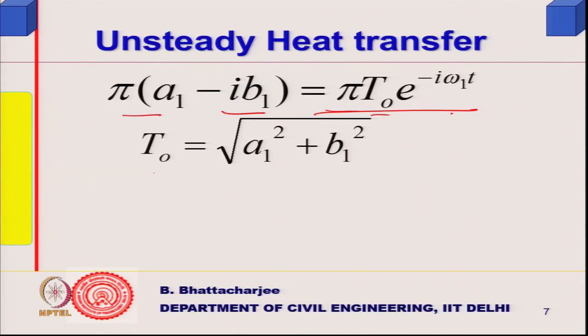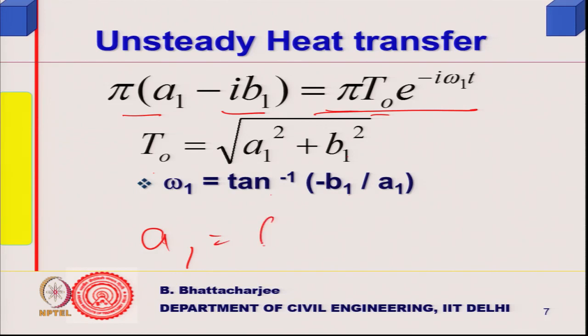So T0 is equal to, if I write this complex number in this manner, then T0 will be the square root of a_1 square plus b_1 square, and omega is tan inverse of minus b_1 by a_1. This a_1 I can write as some cos omega_1 t, b_1 as sin omega_1 t, then a square plus b square is equal to 1.